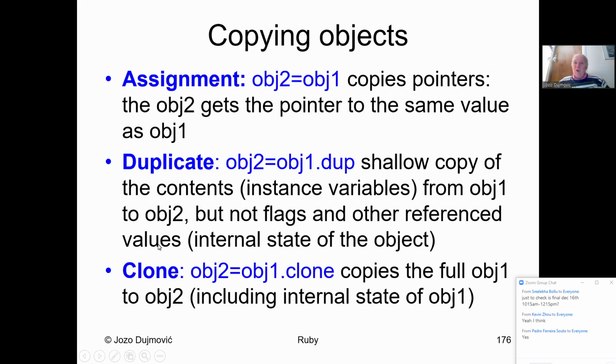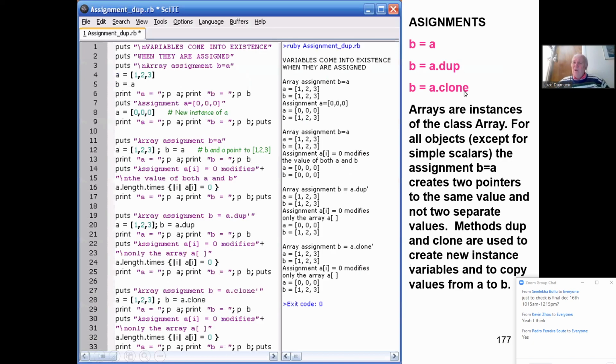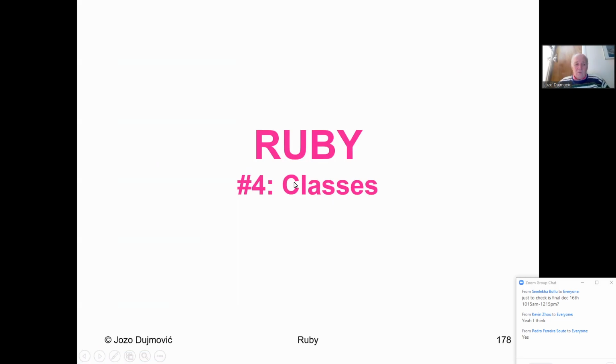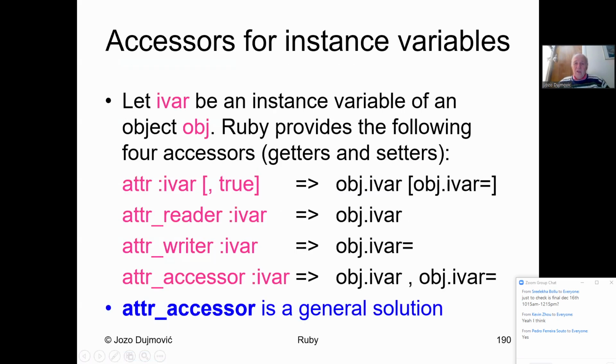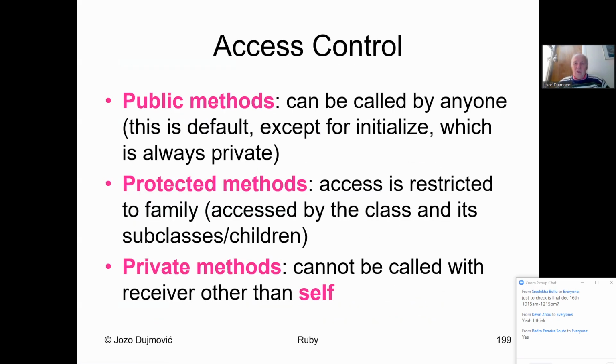Here is one program that is showing A is a dup, and B is a clone, and the results. And then, of course, when you change one, you change the other if it is with pointers, otherwise they are independent.